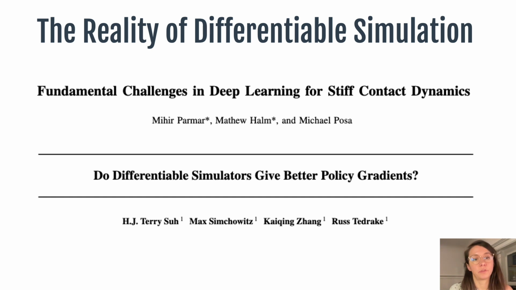These two papers specifically look at rigid-to-rigid contacts with nonlinearities, non-smoothness, and discontinuities. They have great analysis of the problem and the effect of gradient estimators as well. So these are really worth looking at. But they also show that there are these fundamental challenges for modeling contact in simulation and making that actually differentiable.